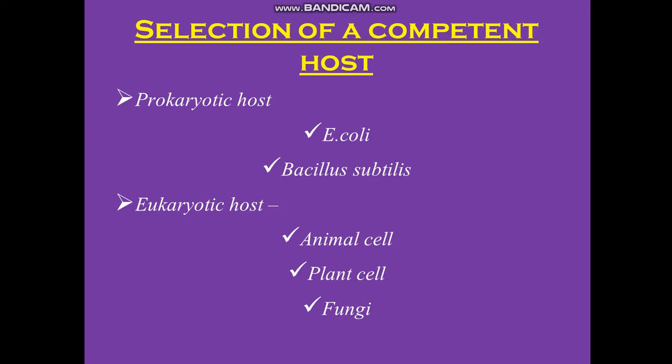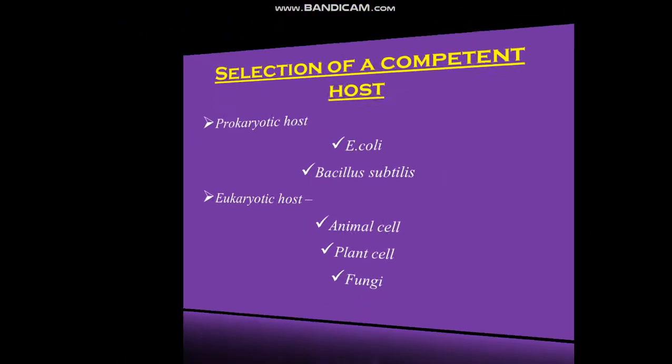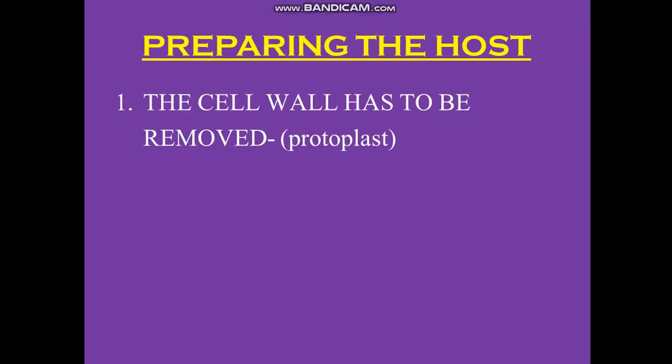But for hosts like E. coli, the bacteria, or the plant cell or the fungus cell which possess these cell walls, the first thing we have to do is to remove the cell wall and prepare the protoplast. Why is this so? Because the cell wall is very rigid. It will not allow a delicate biomolecule like DNA to enter.